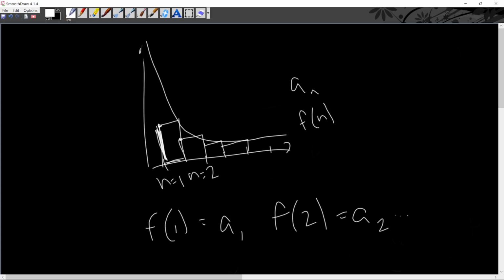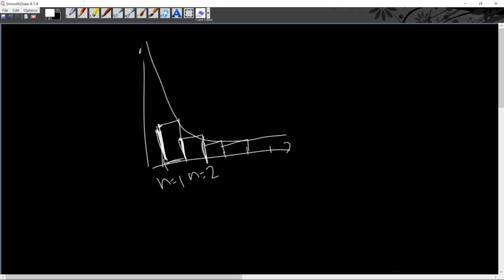Each of these values are the heights, or the outputs if you plugged it into f of n, and each nth term is going to be the nth input within f of n.